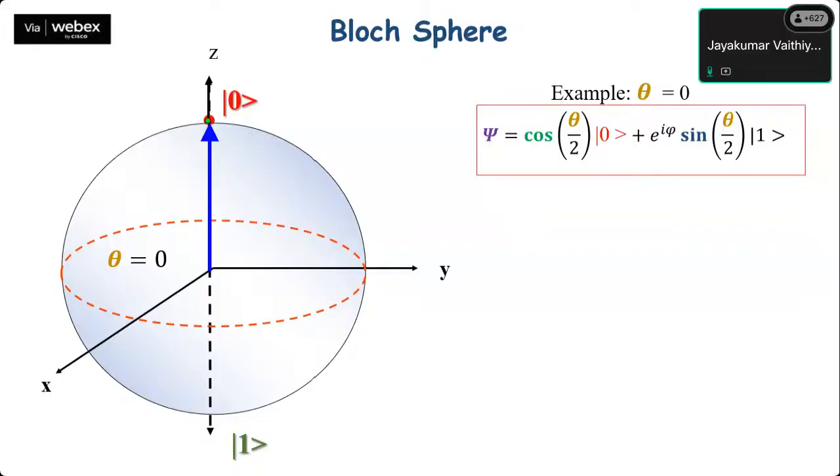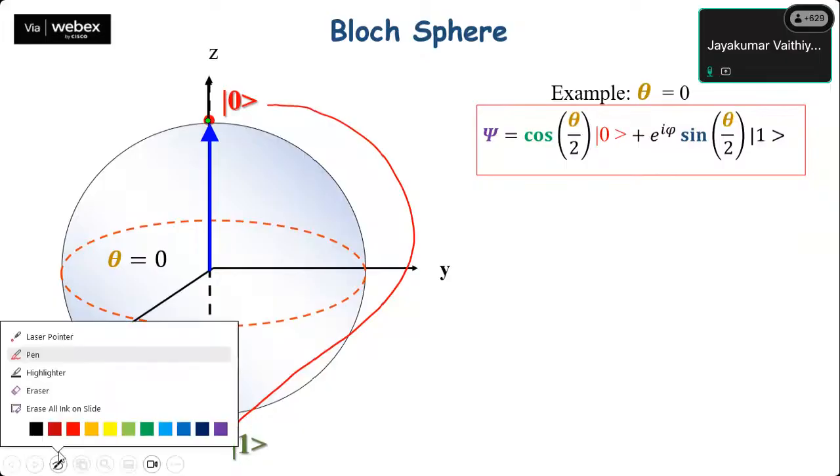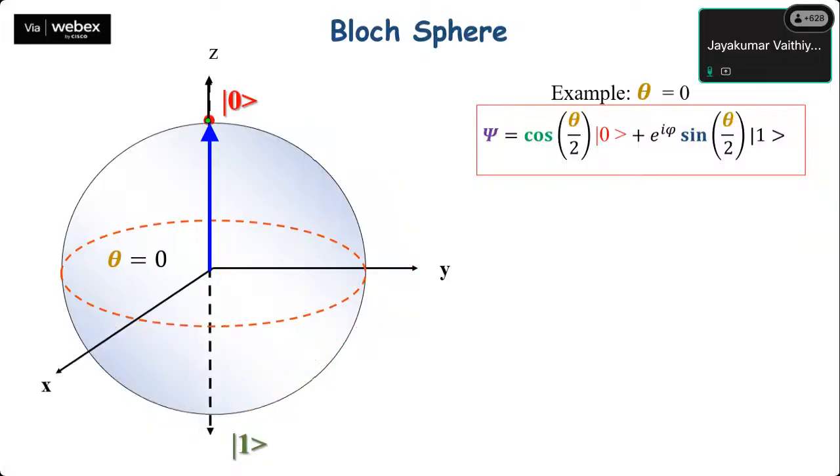Same way, we can apply sine and cos to state 0 and state 1 because these two are opposite in nature: 0 in the north pole, 1 in the south pole. So if two components are opposite to each other, you can represent them with the help of sine and cos. It involves one more angle, e to the power i psi. This is theta, the first angle, and this is the second angle.